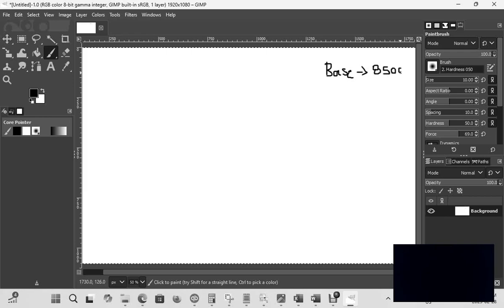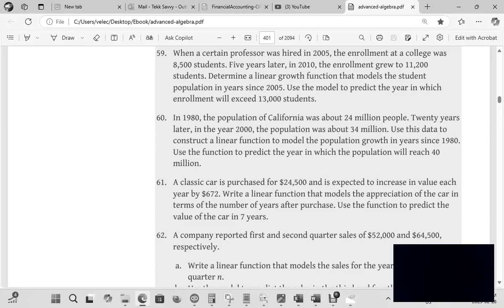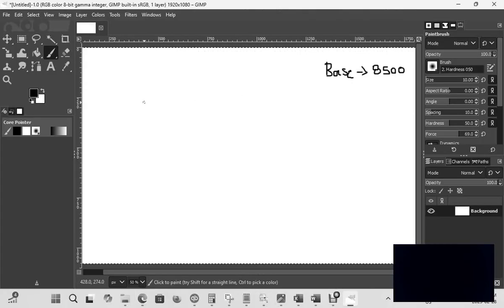Now, in order for you to find the coefficient of your variable x, you will need to divide the growth by 5 years. So we know that 5x equals 11,200 take away 8,500.